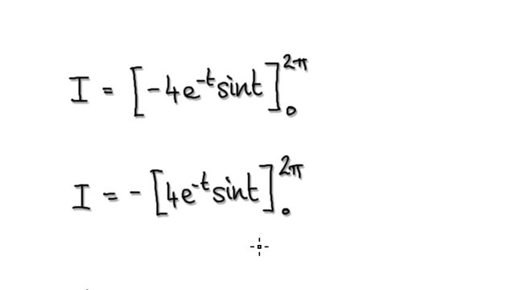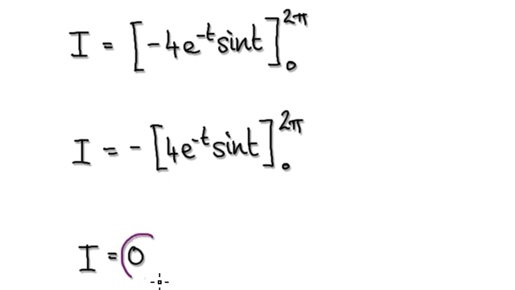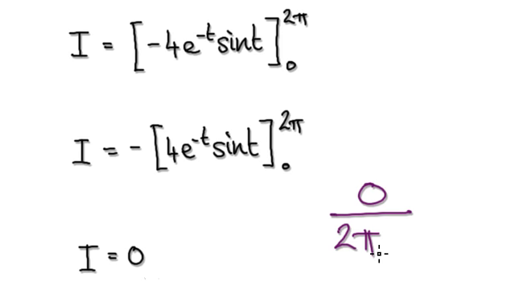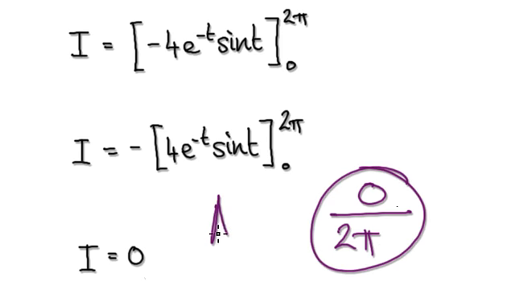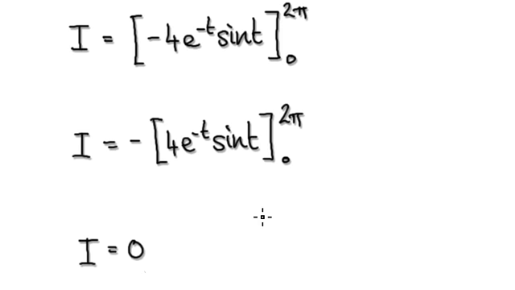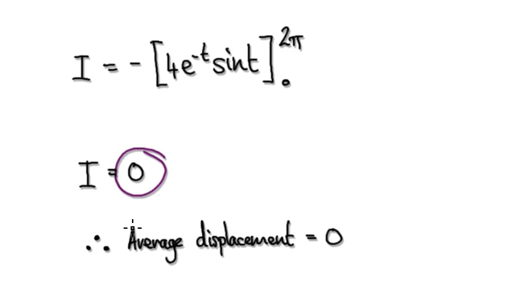Evaluating it will still give you an area of 0. If the area is 0, then you get the area divided by 2 pi, and that will give you your average displacement. Because the area is 0, the average displacement will also be 0. Okay, so after all that, the average displacement is actually 0.